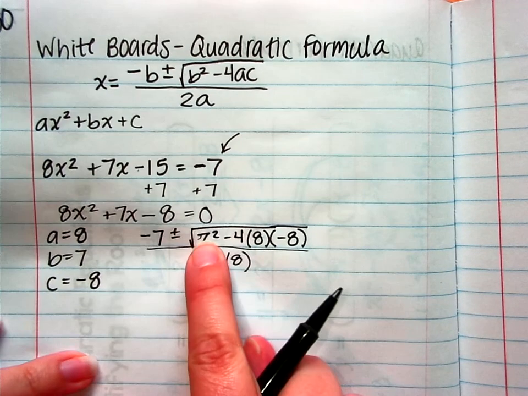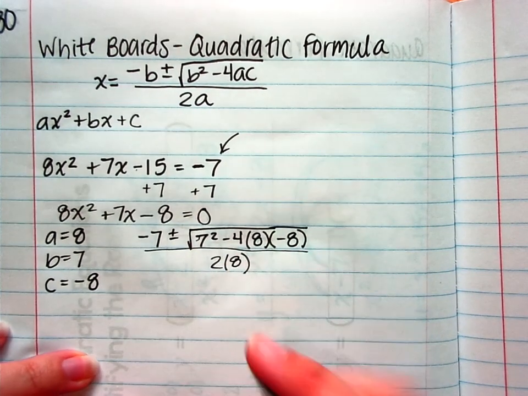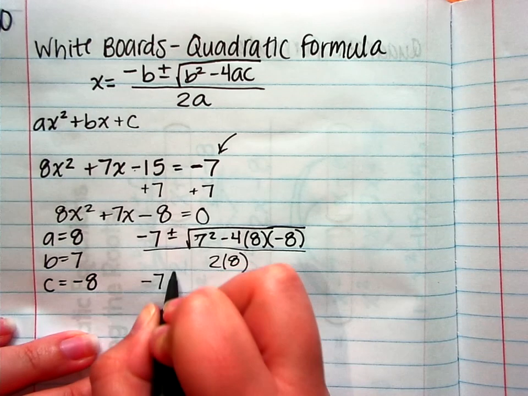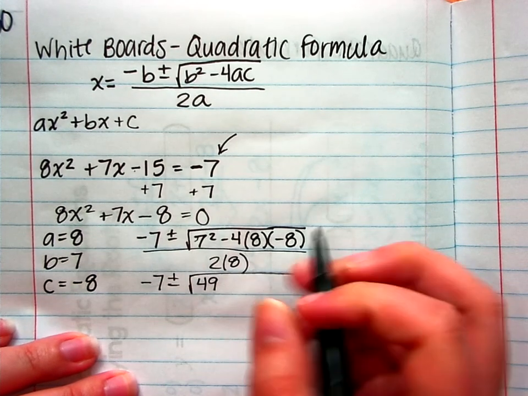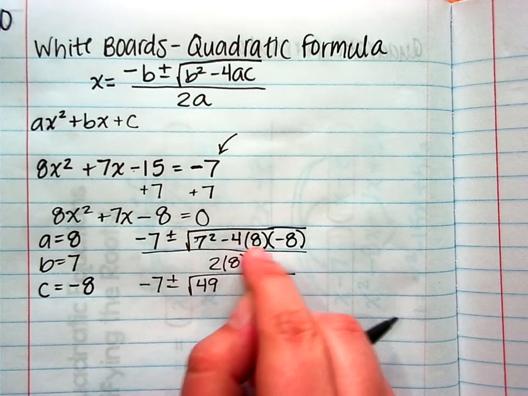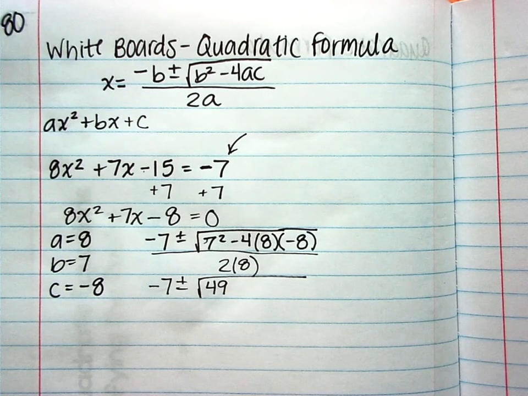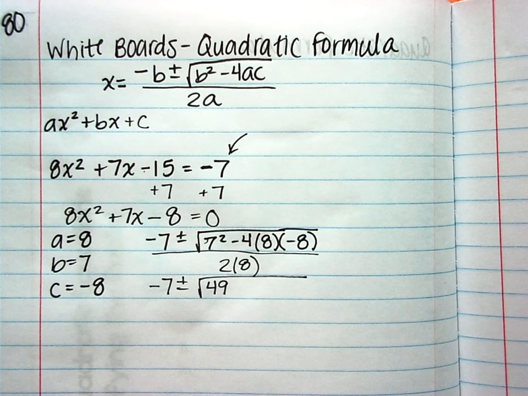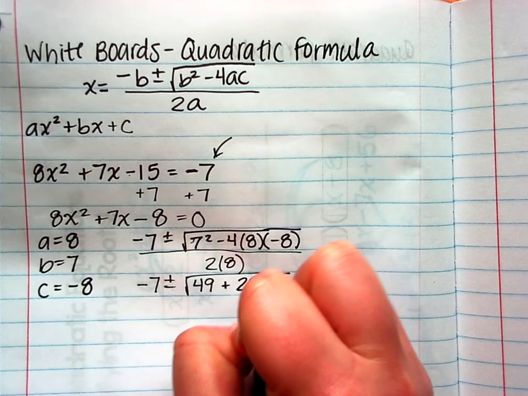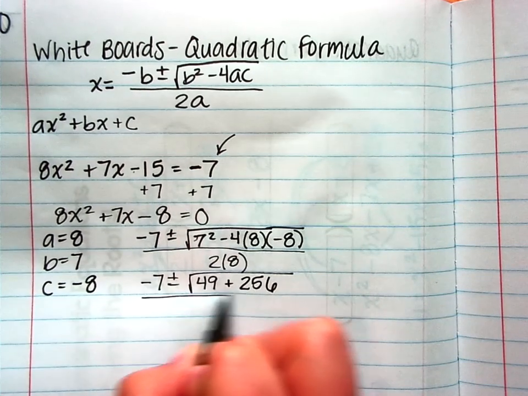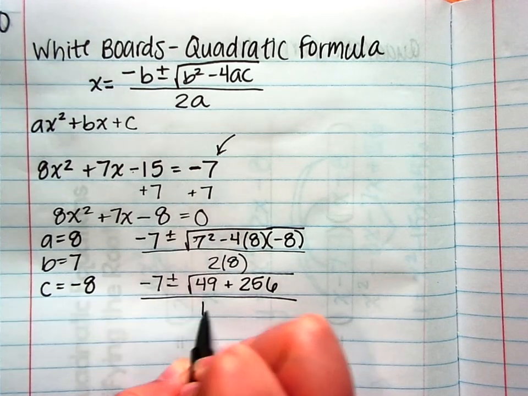So we need to do PEMDAS and simplify what's under this square root sign. -7 plus or minus 49. Negative 4 times 8 is negative 32, times negative 8 will give us a positive 256. All divided by 2 times 8, which is 16.